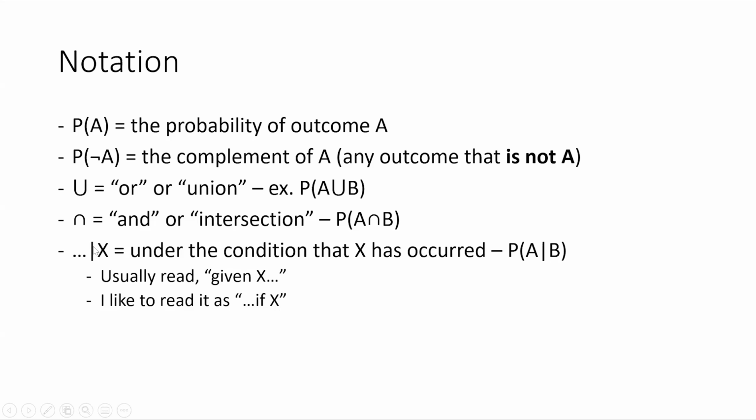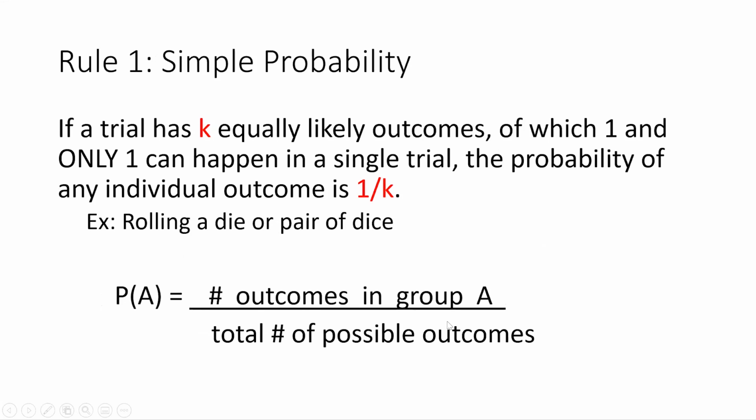This vertical bar, with another probability on the other side, means under the condition that B has already occurred. So the probability of A given B. That's a typical way to read it. I like to read it as what's the probability of A if B?